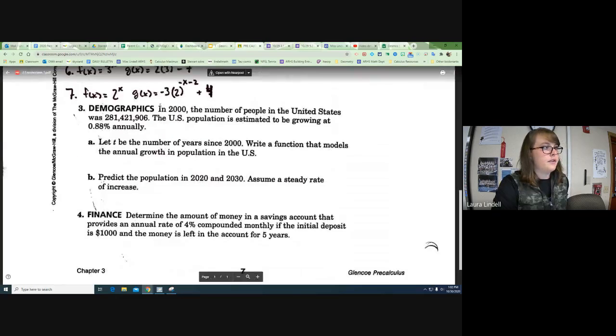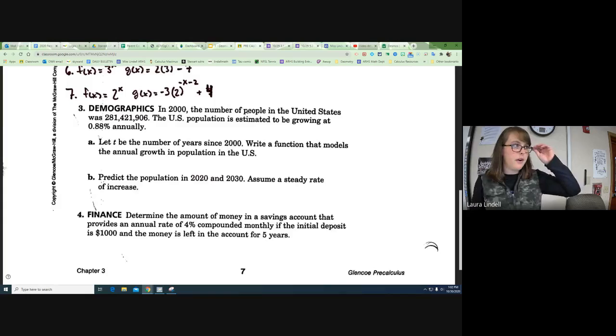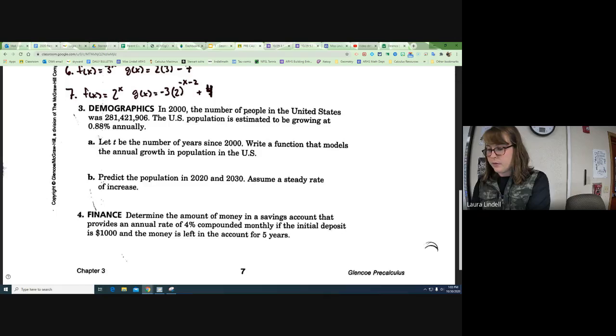Okay. In the year 2000, the number of people in the United States was 281,421,906. So I'm just going to start writing down this information. Initial population was 281,421,906 in the year 2000.